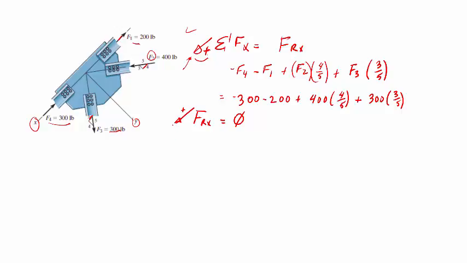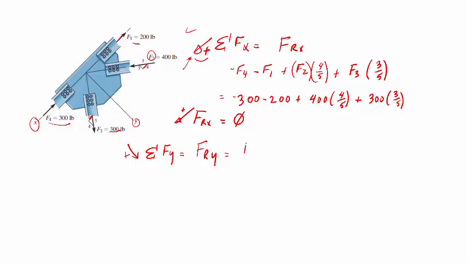So for Y, I'm going to say the sum of the forces in Y, and my positive, I'm going to say that it's this positive. That would be the resultant force in Y, and this would be equal. In this case, the F4 and F1 do not contribute to the components of the force in Y, but F2 and F3 do.